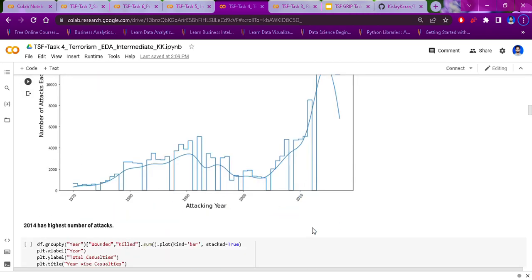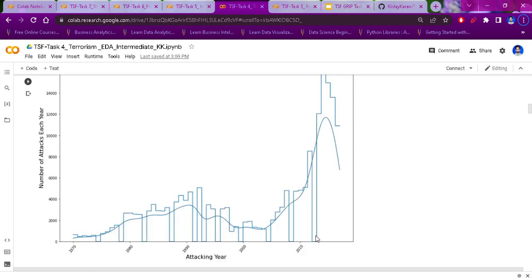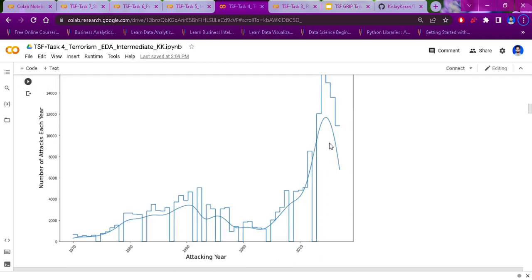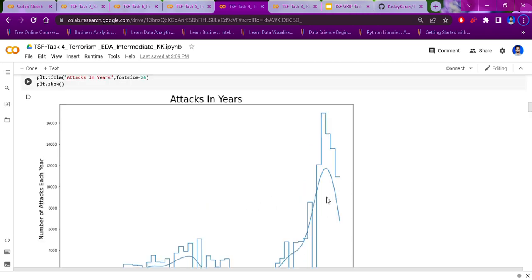So in our data we see that the attacks have massively increased between 2012 to 2018. Yeah, from 2012 to 2018 there were the maximum number of terrorist attacks taking place across the world.